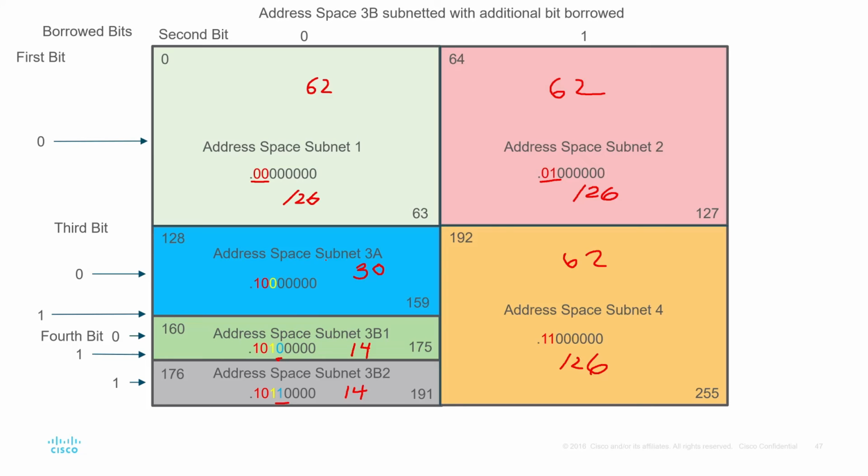Here in 3A, it is the original 24 and 3 more. So this would be a /27. Here I've borrowed 1 more. So the original 24 plus 4 more. So these would be a /28.